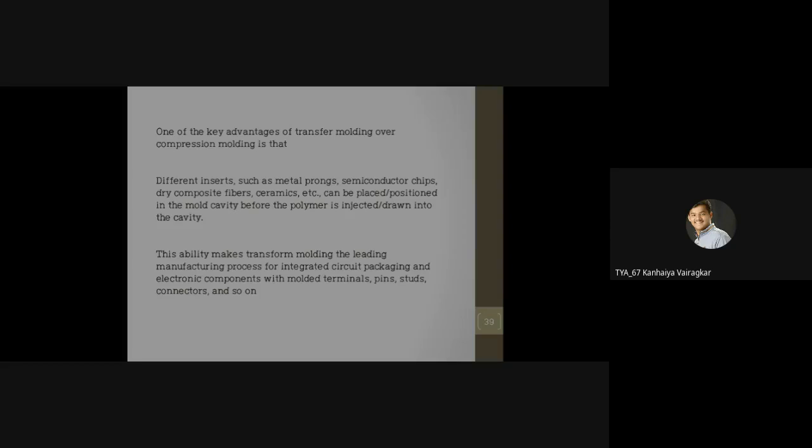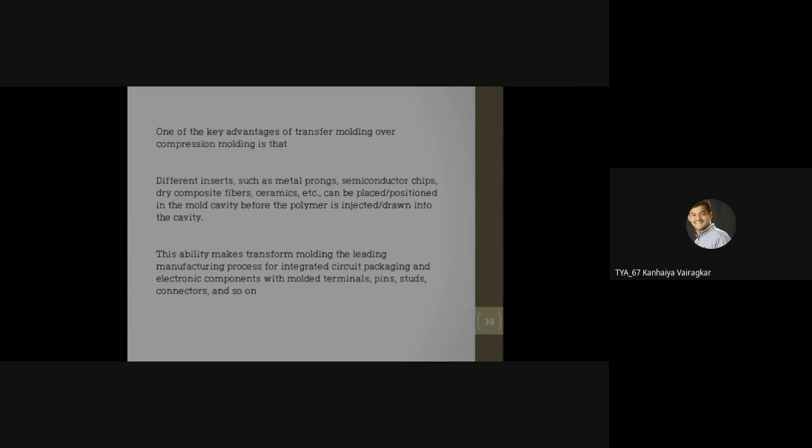See, nowadays you have seen pins or plugs used in electrical systems. Now these pins or plugs are coming with a screw, nut and bolt arrangement. You can remove that. But previously, if you see the older ones, these were an integral part of that plug body, not adjusted with a nut and bolt.